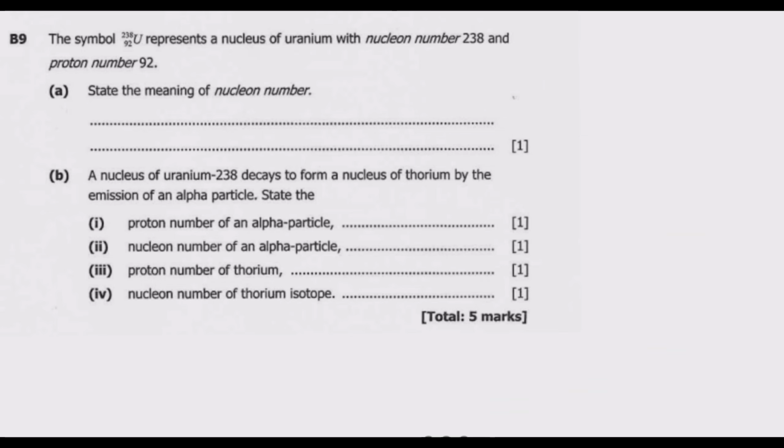Let us look at question B9. The symbol U with superscript 238 and subscript 92 represents a nucleus of uranium with nucleon number 238 and proton number 92. Question A, state the meaning of nucleon number. So nucleon number is also known as mass number. So once you know that, it's easy.